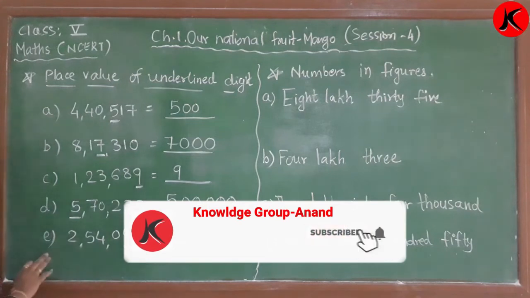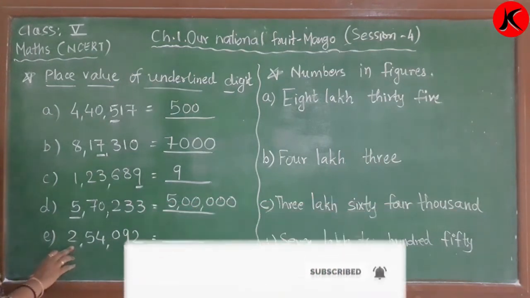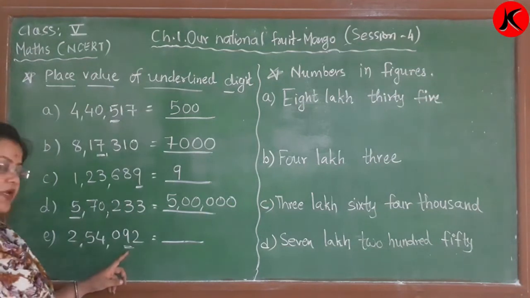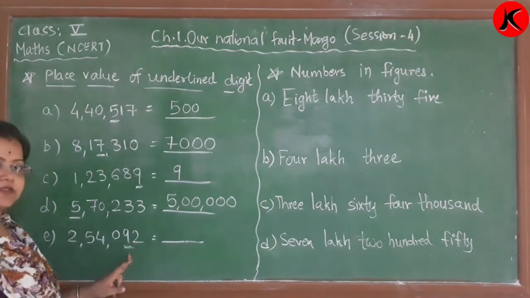Now in last, E number, 2,54,092. Here the place value of 9. 9 is on which place? Ones and tens, right?